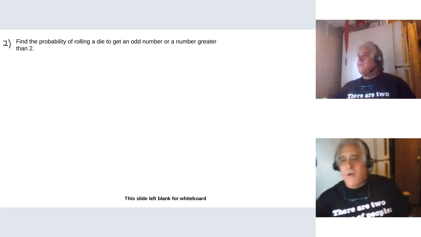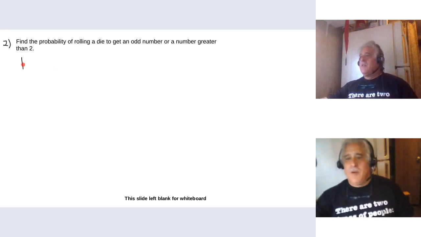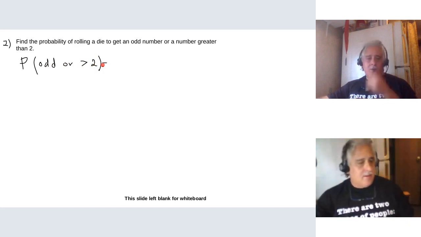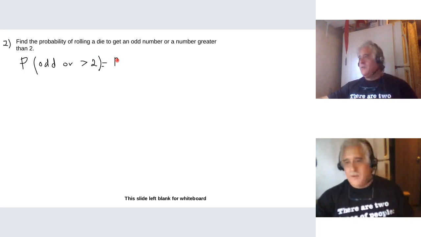All right, so last one for the not mutually exclusive. So this is the probability of odd or, and I'll just put greater than 2. So again, it's always adding up the 2 individually.